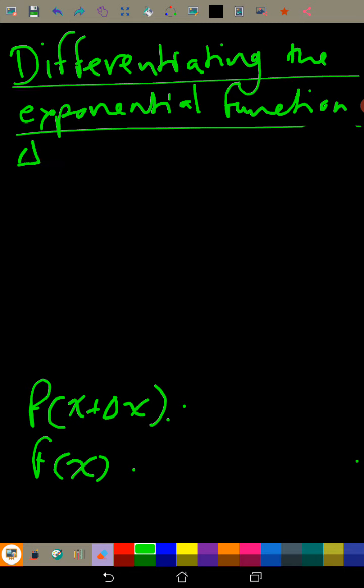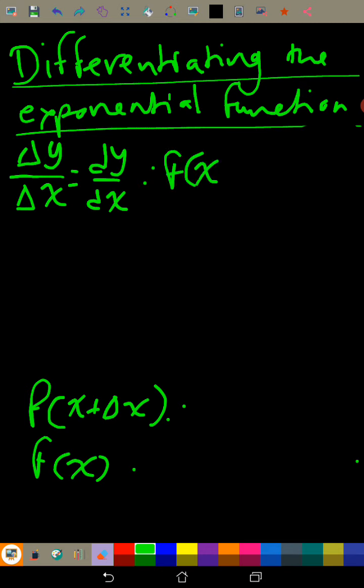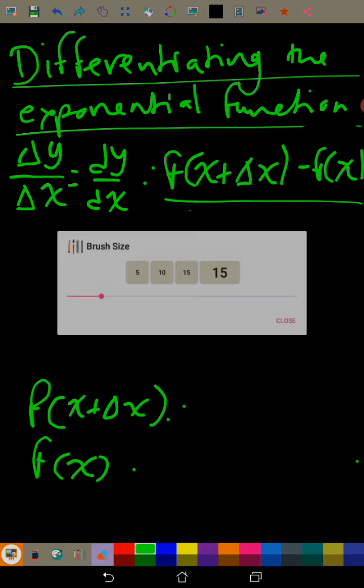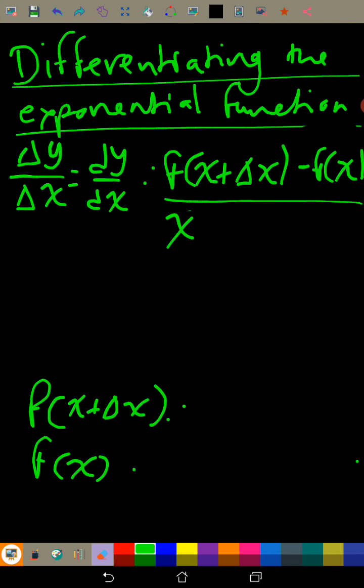So delta x, this is dy by dx, right? And since we have this, we have f(x plus delta x) minus f(x), and we had the 2 points, which was x plus delta x minus x.